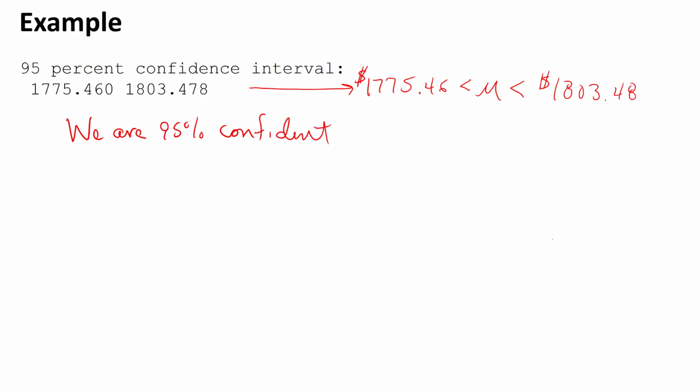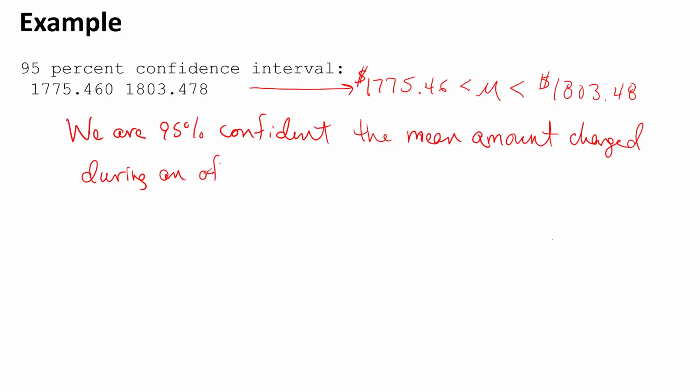So we're 95% confident the mean amount charged during an offer period like this one. So that's our parameter. It's the population mean amount charged during an offer period like this one.